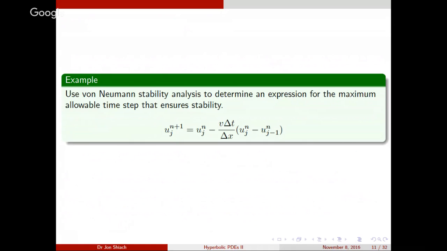I forgot the i and the k. Obviously, multiplication is commutative, so it doesn't matter what order you put them in. So that's substituting our Fourier modes into our finite difference scheme. We're assuming that our errors follow the finite difference scheme, which they do. So if our errors can be described by these Fourier modes, we substitute them in.